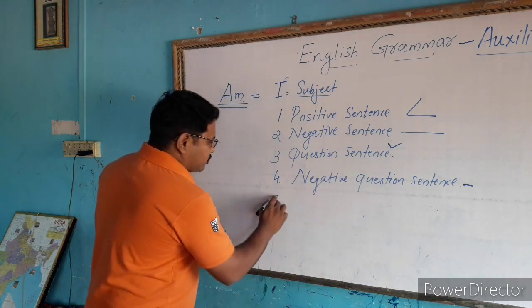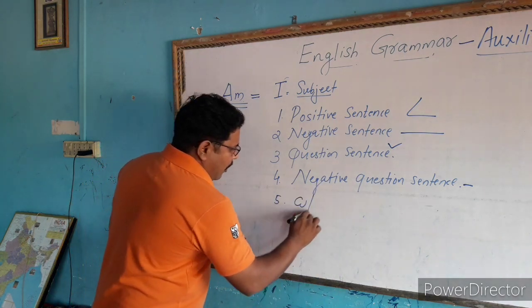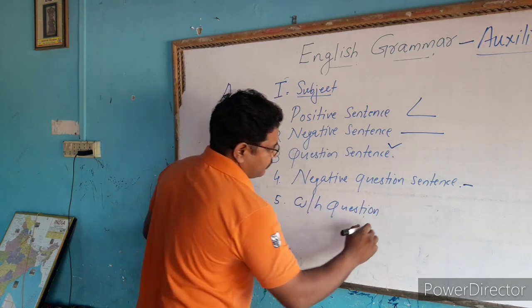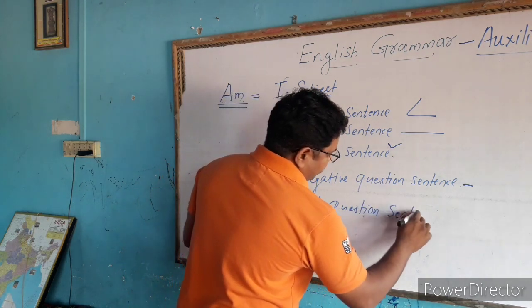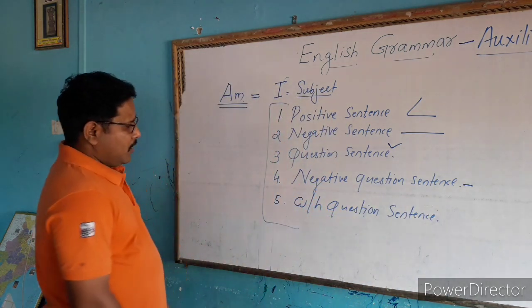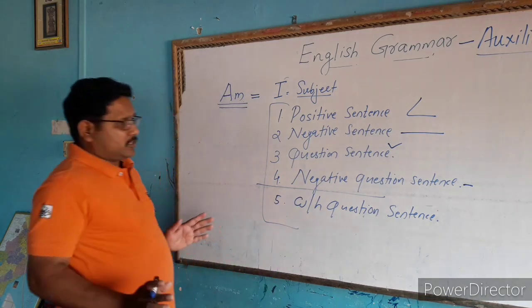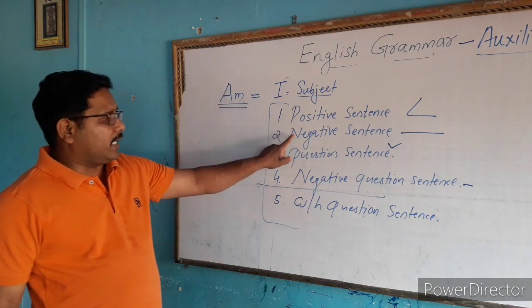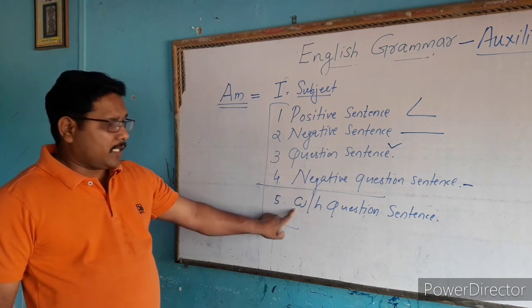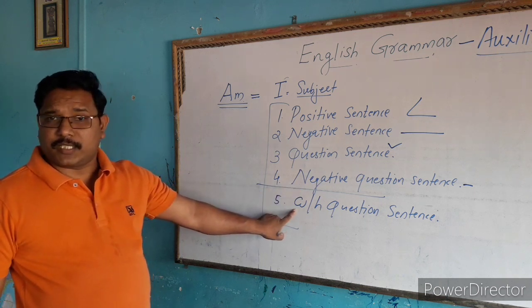Number 5, we can also write it as a W or H question sentence. Now we are going to use those sentences: positive sentence, negative sentence, question sentence, negative question sentence and a WH question sentence.